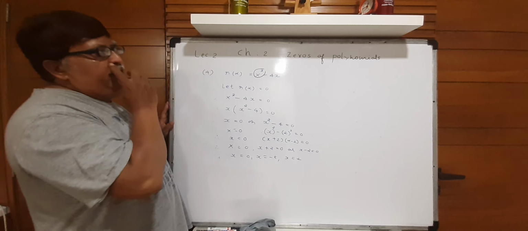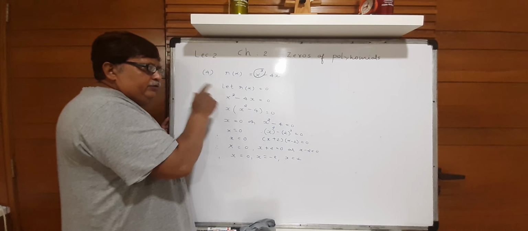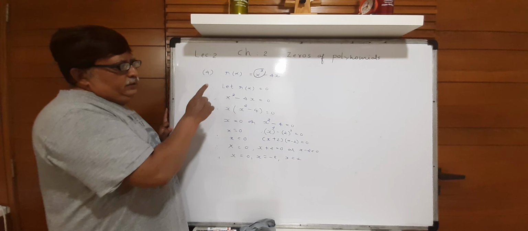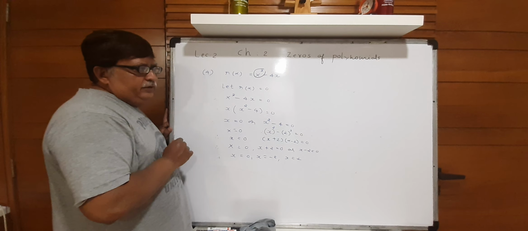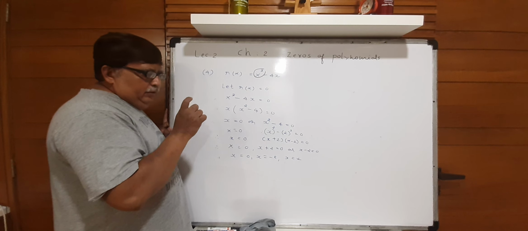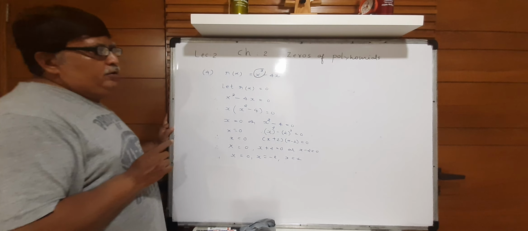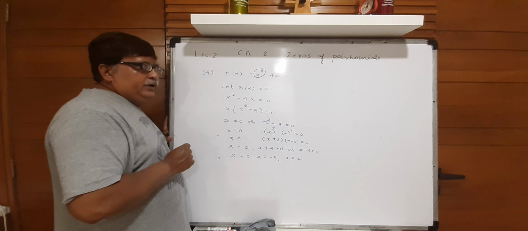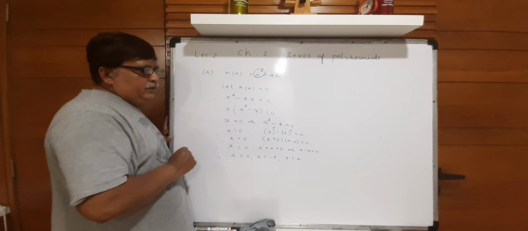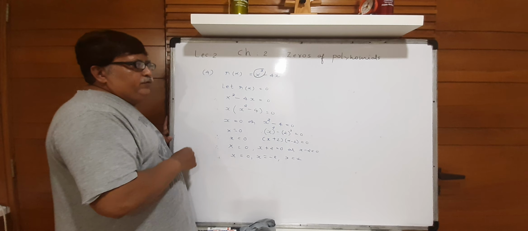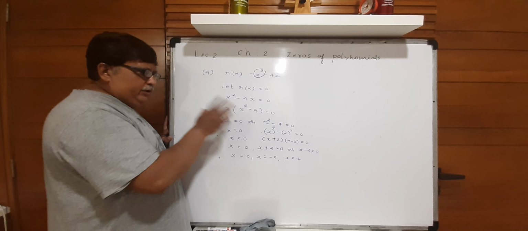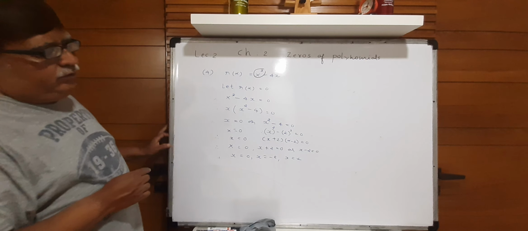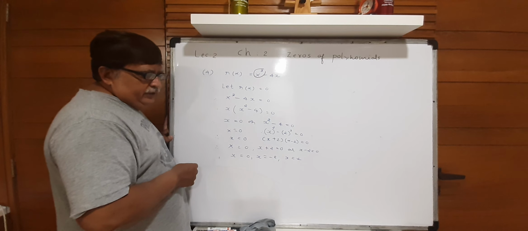So whenever you come across such an example where you have to find zeros of a polynomial and it is a cubic polynomial, always develop a method of taking out common. It is compulsory. Once you take out common, then the sum becomes very easy for you to factorize. But taking out common is a must. So you have to be very conscious regarding this.